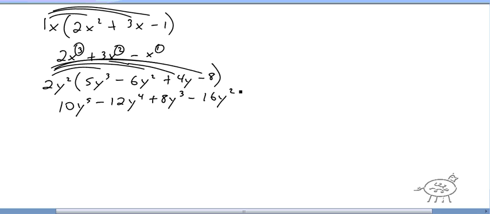It's actually pretty easy. I would say probably the hardest part of this whole thing is the signs. So let's try one that's got a few more nasty signs, and then we'll move on. If I said negative 3x cubed times 5x to the 4th minus 2x squared minus 6x plus 1.